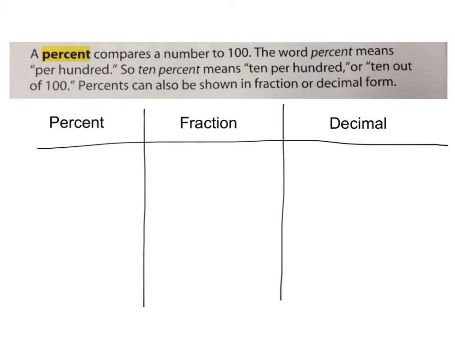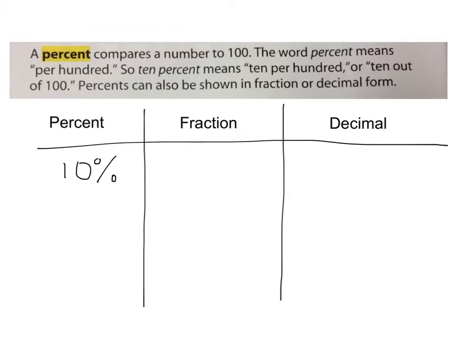Okay, so if 10% means 10 out of 100, how could I write that in a fraction form? 10 out of 100. It's like if we had 100 friends up here and 10 out of those 100 were girls. We would say 10 out of 100 or 10% are girls. How do I write that as a fraction?